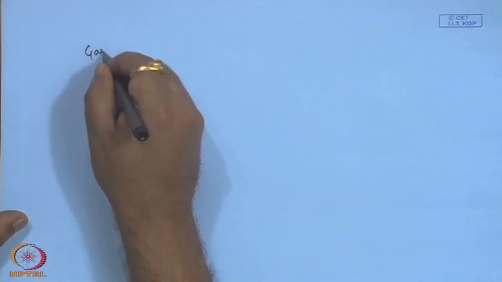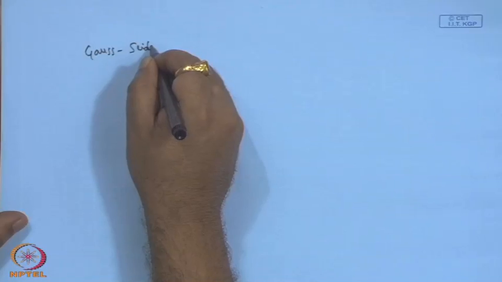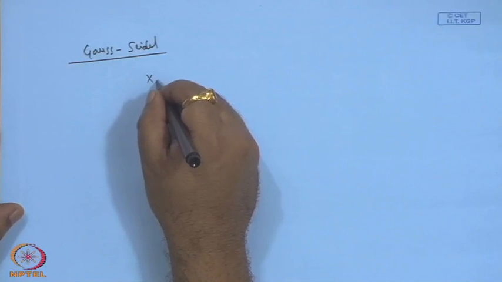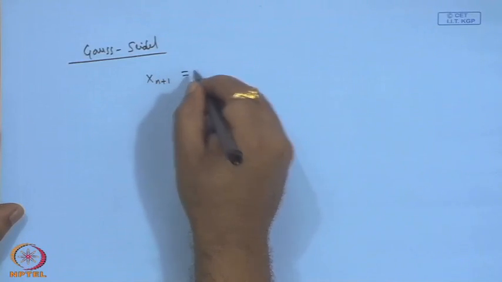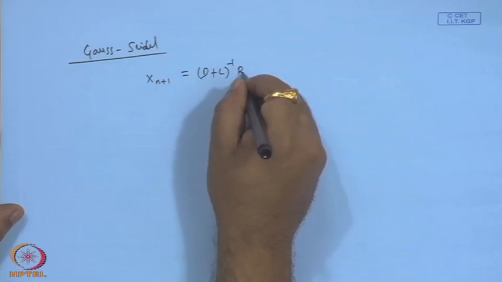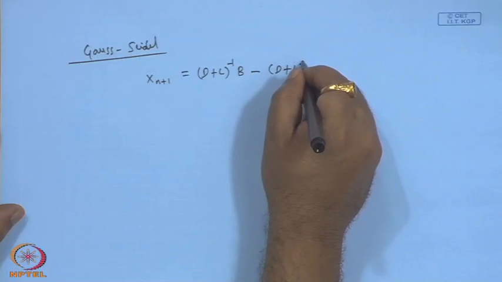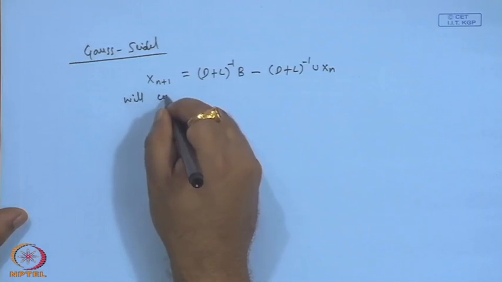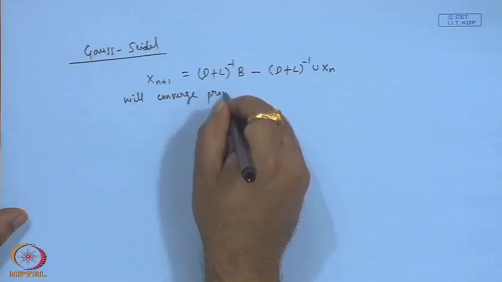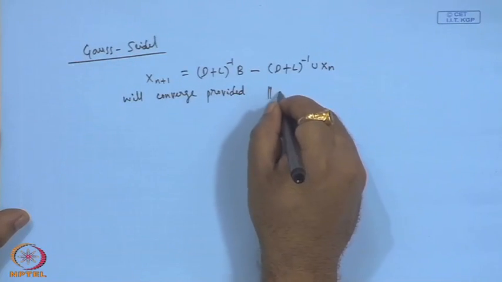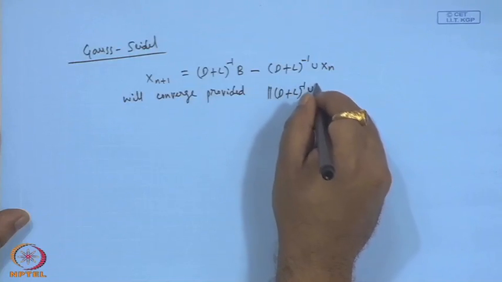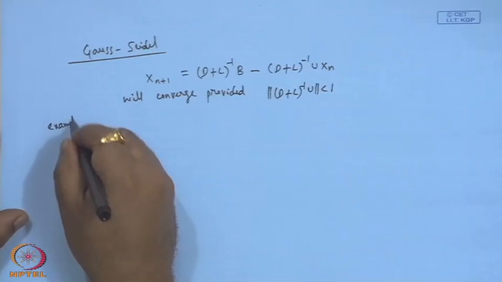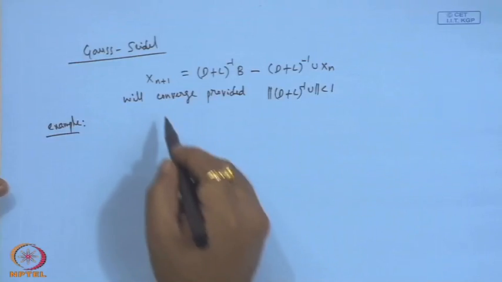Then Gauss-Seidel is a case where P is D plus L. This will converge provided the norm is less than 1. Let us take an example.